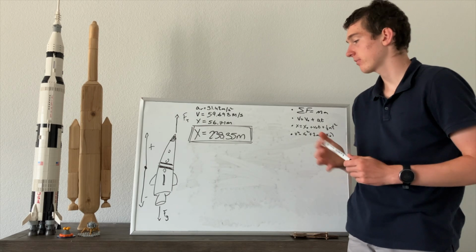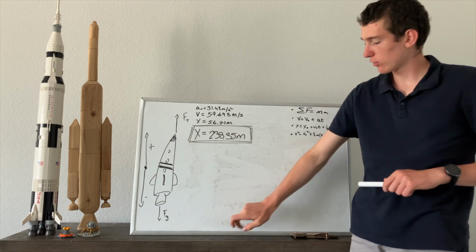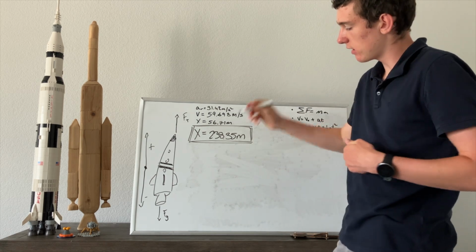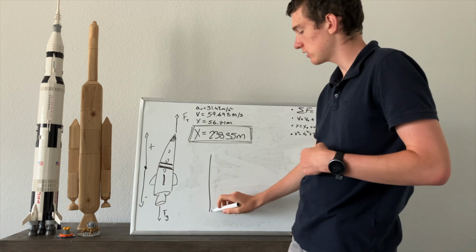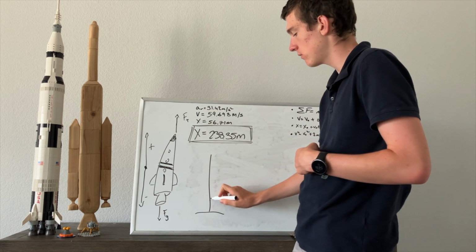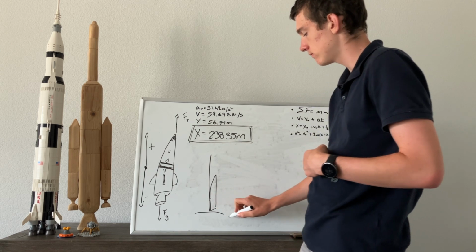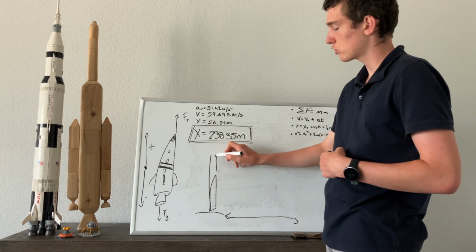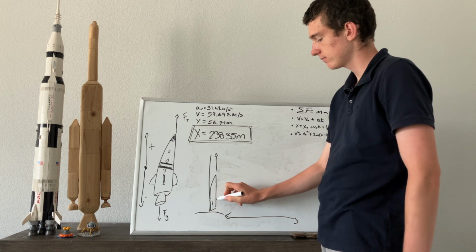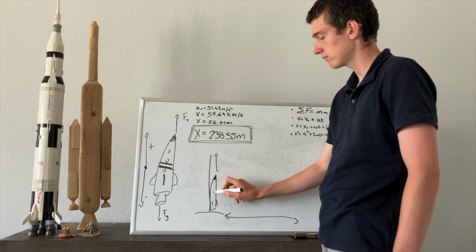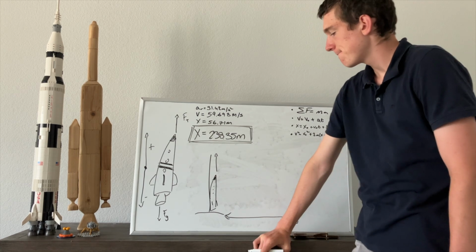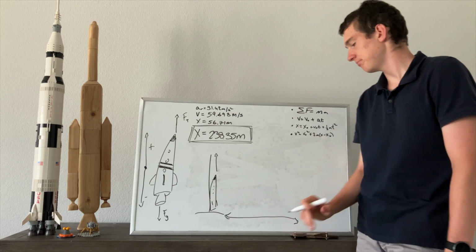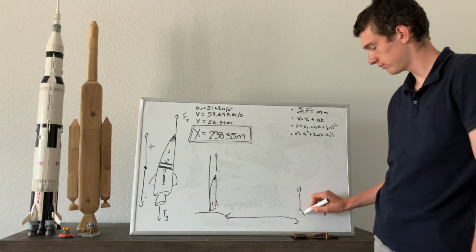So, you know how I said earlier when we had to be away a certain distance from the launch pad, and we are assuming the rocket goes straight up? Well, it didn't really go straight up.